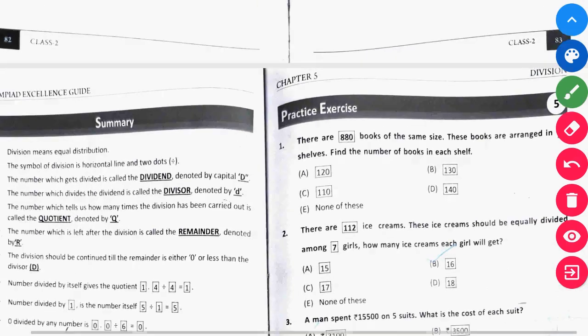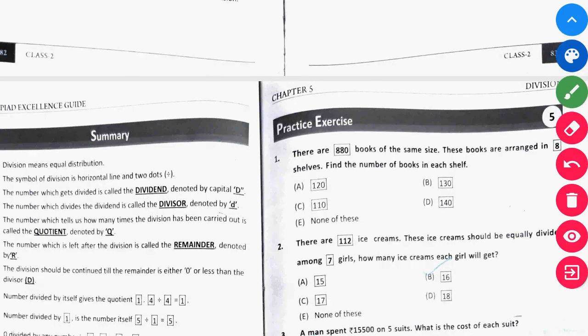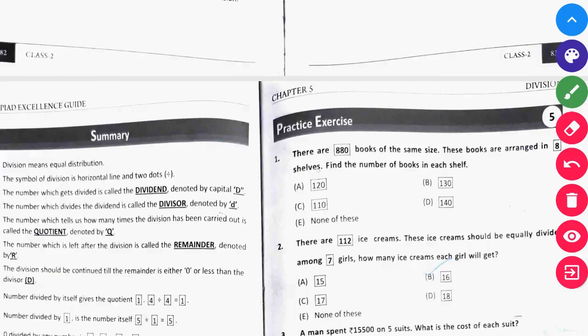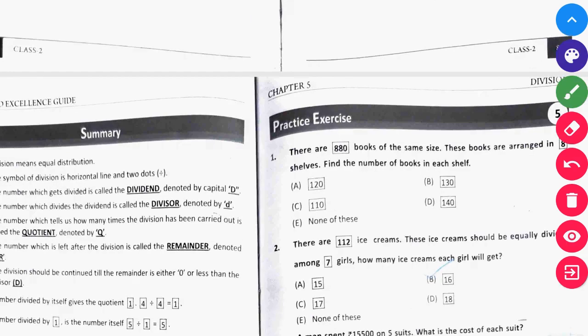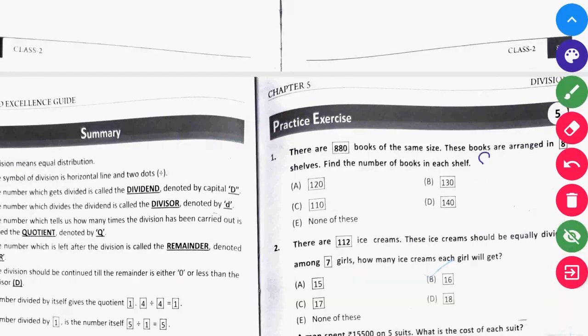Now the first example in the practice exercise: there are 880 books of the same size, and these books are arranged in 8 shelves. Find the number of books in each shelf. So 880 books are here, and we have to arrange them in 8 shelves.